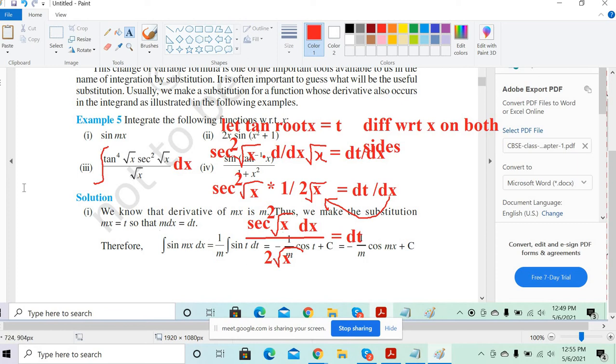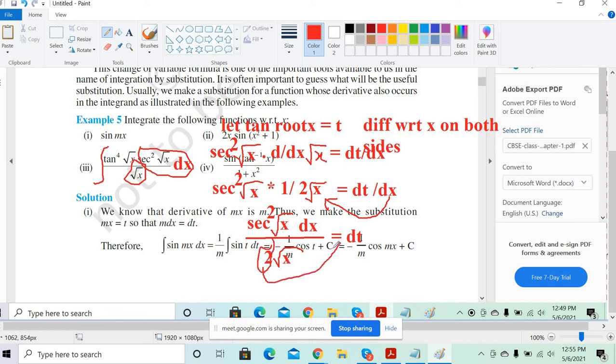Now, see what similarities we got. Secant square root x and dx is there, and the root x is also in the denominator. Only this 2 is extra, right?